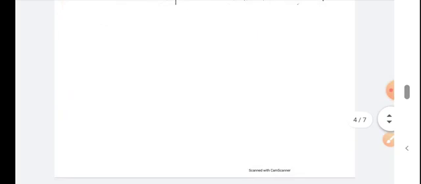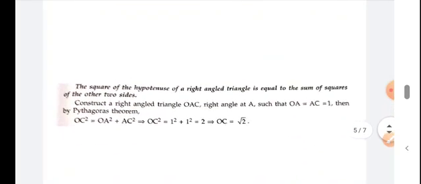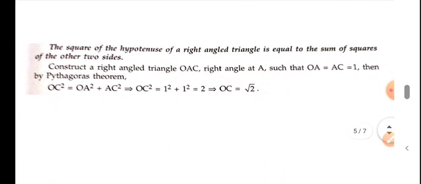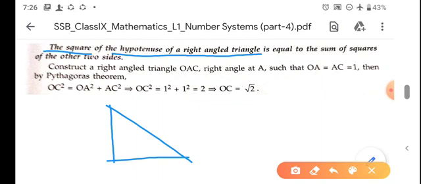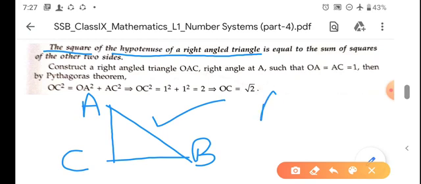Do you know what Pythagoras theorem is? The square of the hypotenuse of a right angle triangle. Suppose I am drawing a right angle triangle ABC.